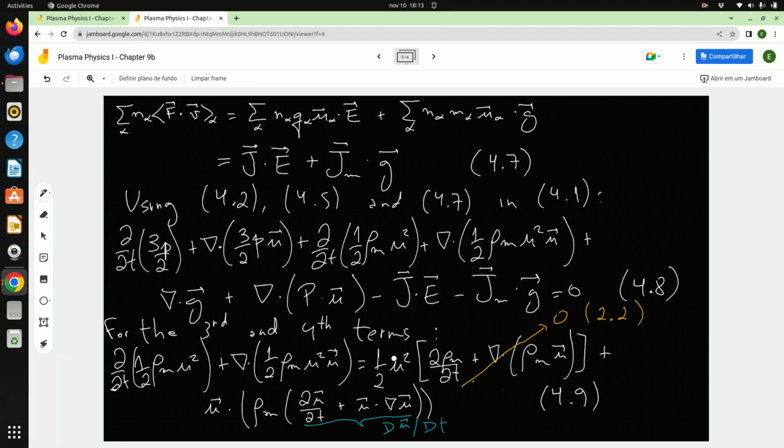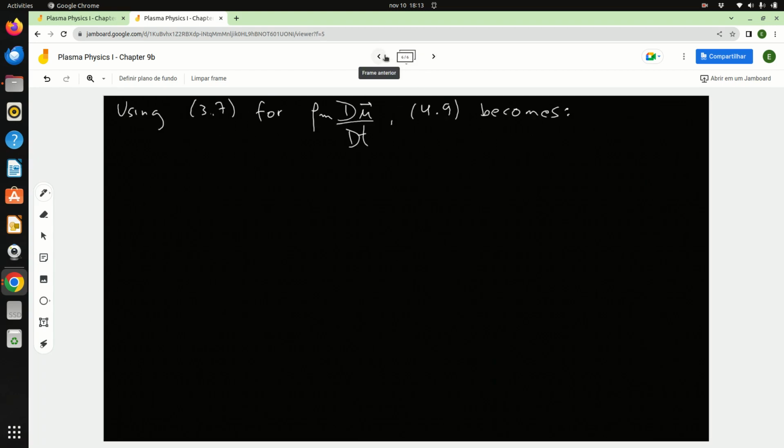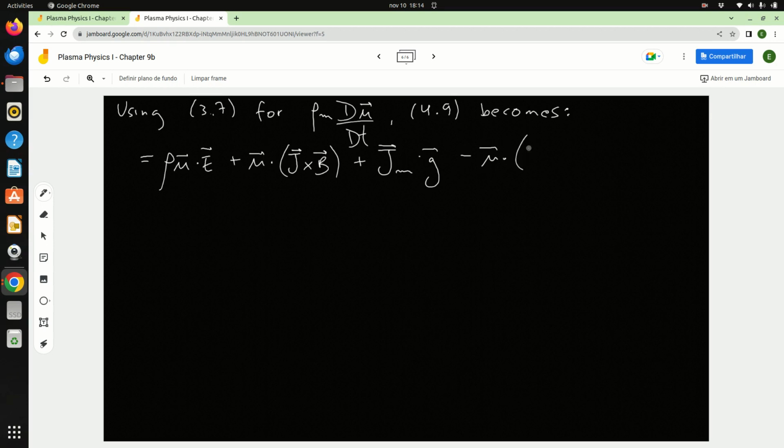So using 3.7 for rho m Du Dt, 4.9 becomes equal to, let's just write the right hand side here: rho u dot E plus u dot j cross B plus jm dot g minus u dot divergence of p.